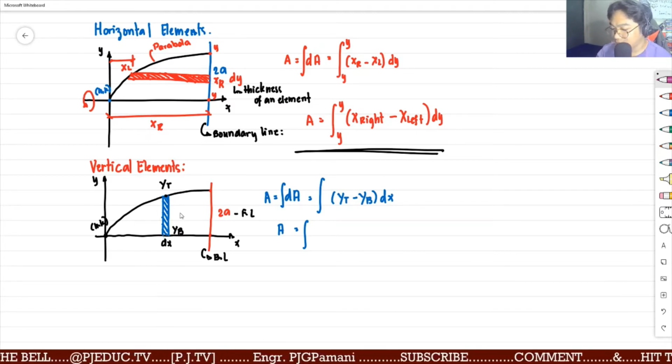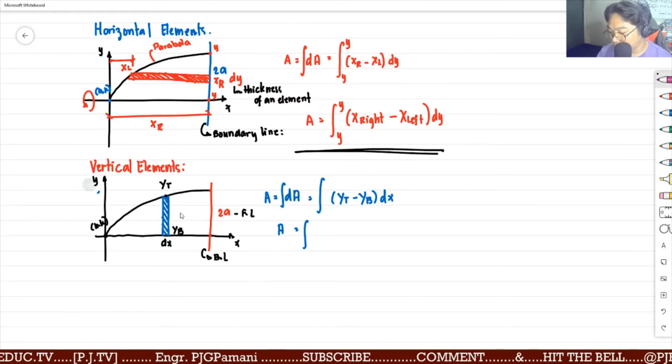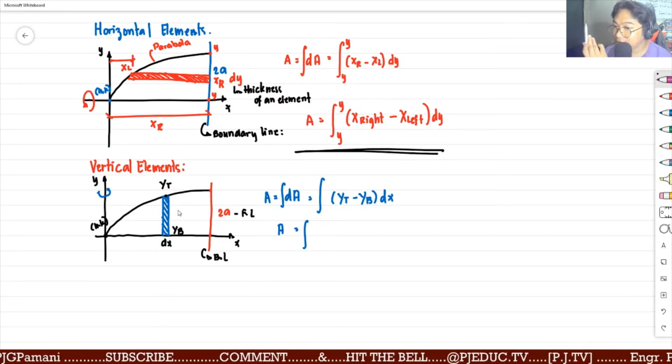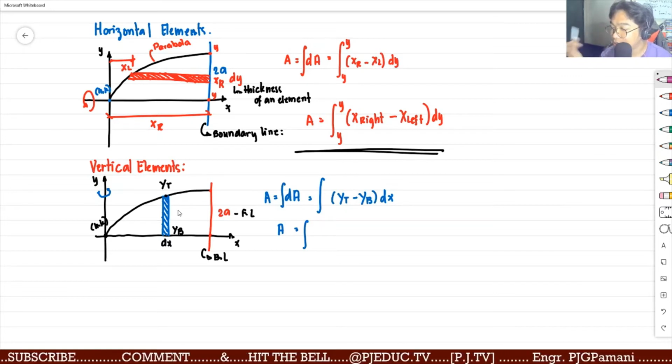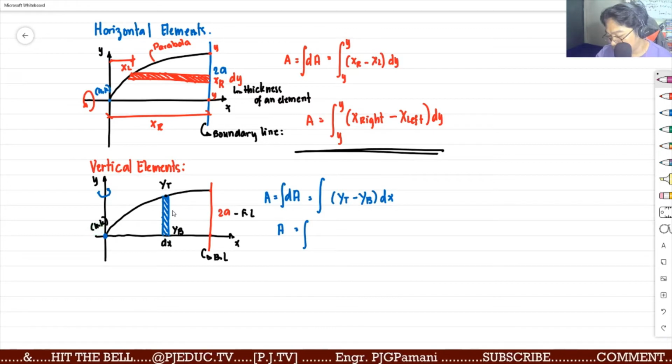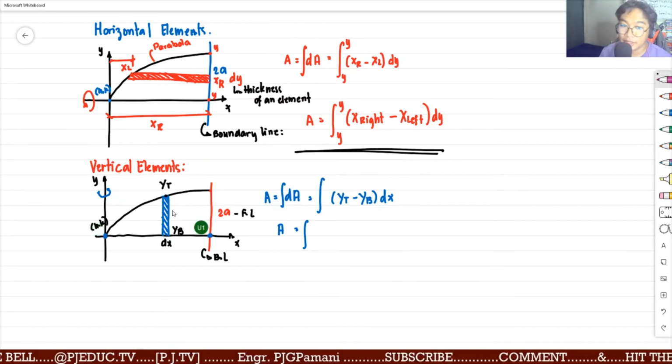Imagine that it will rotate along the y-axis. So if it is going to rotate along the y-axis, our limits are from the origin or the vertex towards the boundary.